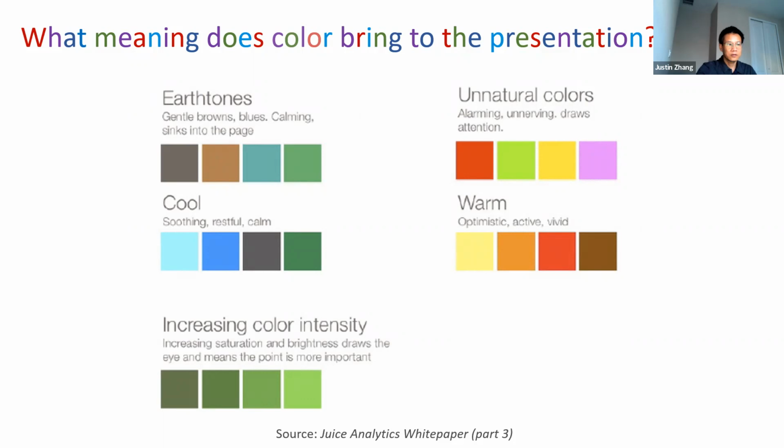These colors are normally used to color code categorical data. The colors on the top right are unnatural colors. So these are colors that will draw a reader's attention. We can also see those colors that can alarm or alert the audience of your data visualization.